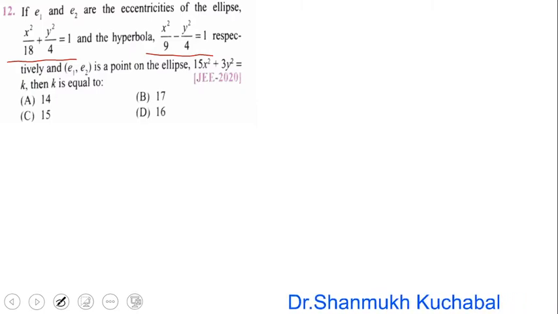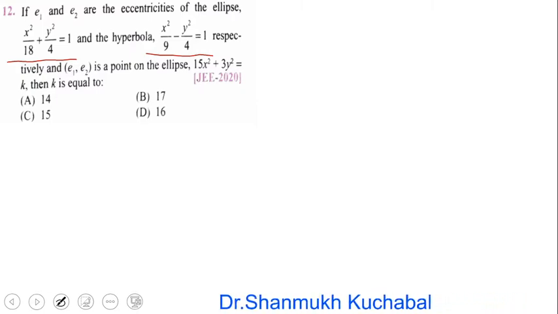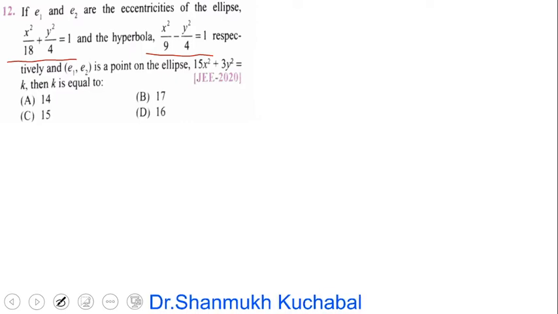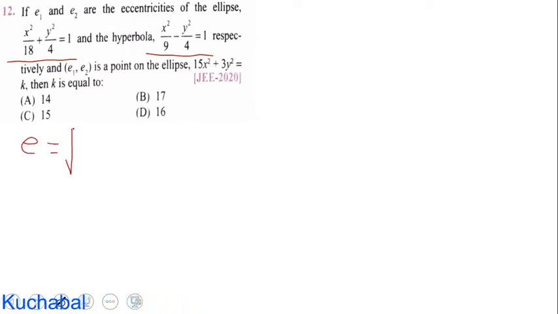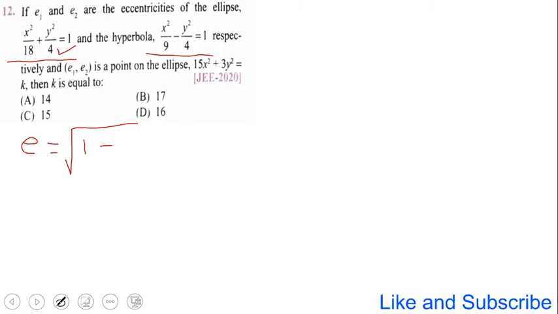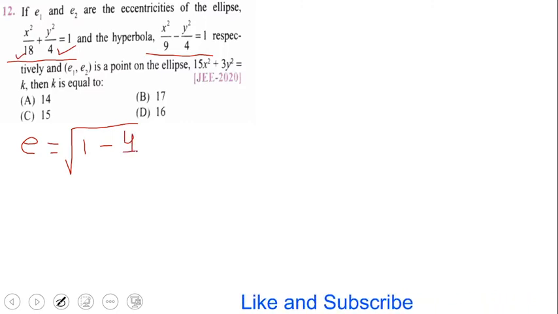So very simple. First I will use the formula of eccentricity of an ellipse. The eccentricity is given by the square root of 1 minus b square by a square. So b is 4, a is 18, so I write this as 4 divided by 18.